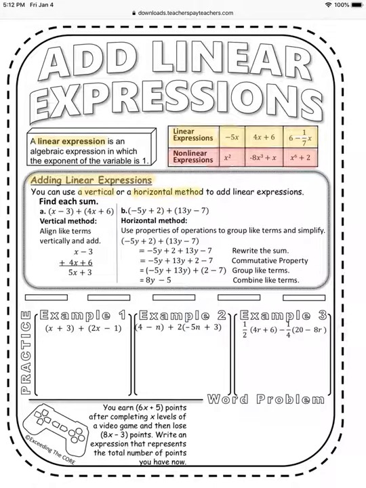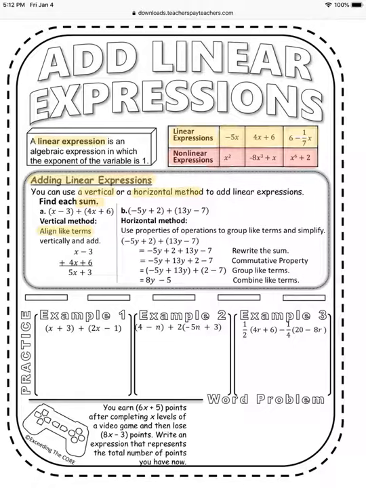So the directions are find each sum. Remember, sum means to add. So using the vertical method, you align the like terms. We start by aligning the like terms. Notice they wrote x minus 3, and then underneath it they put plus, and then they wrote the 4x, lined it underneath the x, and the plus 6 underneath the 3.